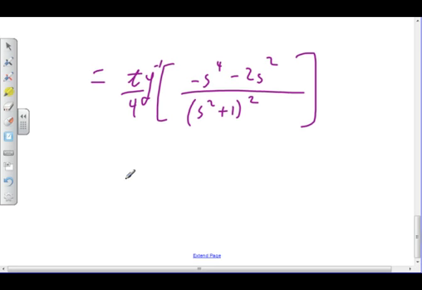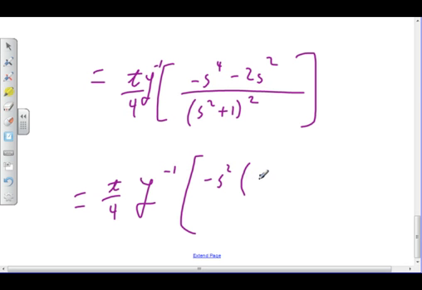So I've got t over 4, and I want the inverse Laplace transform of, I have an s squared on top, minus s squared, minus s squared minus 2, that's a plus 2, divided by s squared plus 1, s squared plus 1.